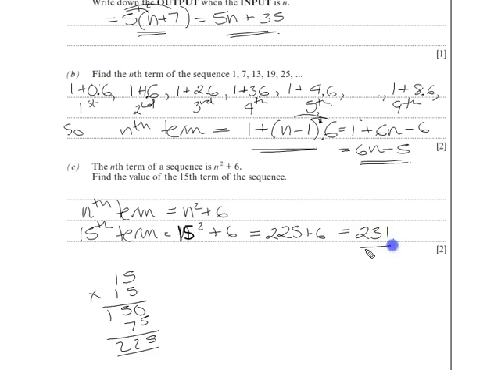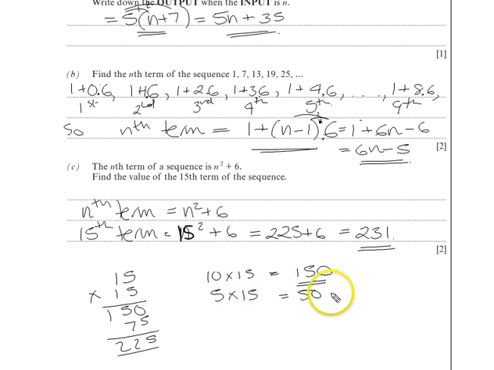Let me just run you through the 15 squared just in case you're not sure. 15 15s, you can think of that as 15 times 10. I think of it as 10 15s, right? Which I know is 150 because that's easy. And I need 5 15s more, yeah? So I know 5 15s, I would just write down 75, but if you needed to break that down further, there's 5 lots of 10, which is 50.